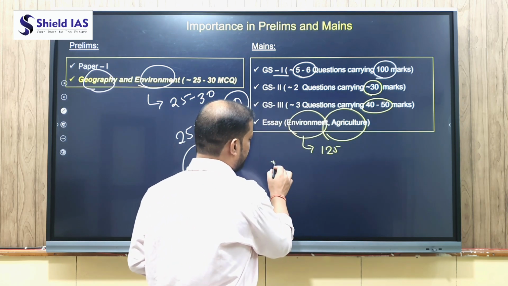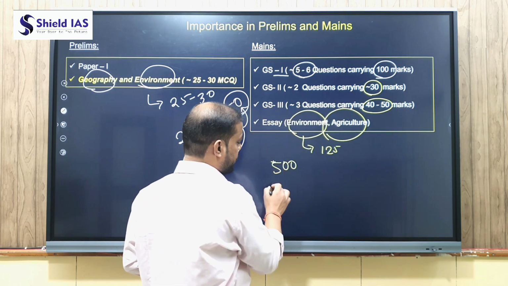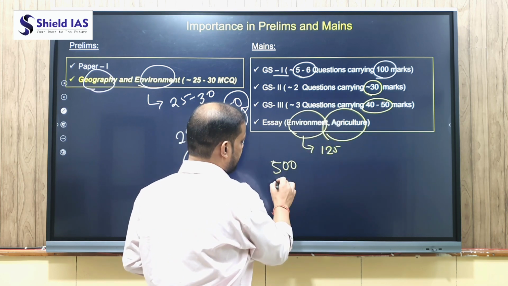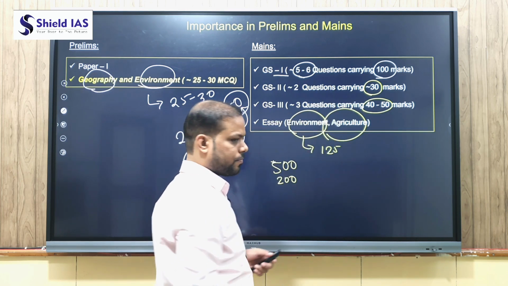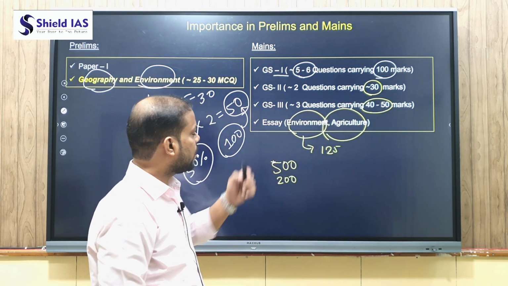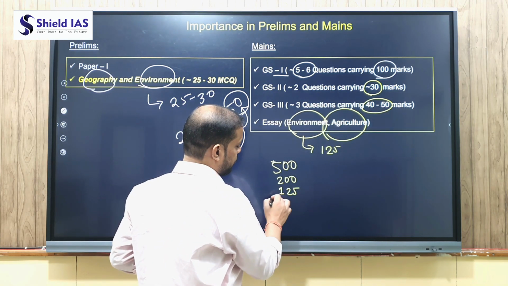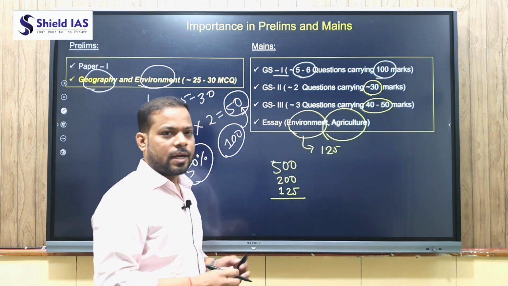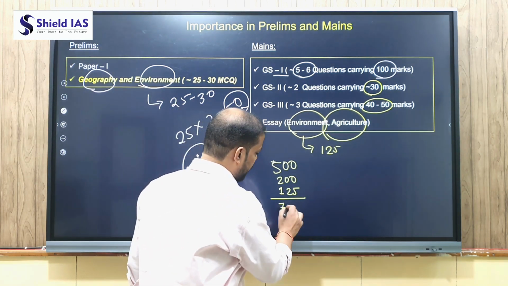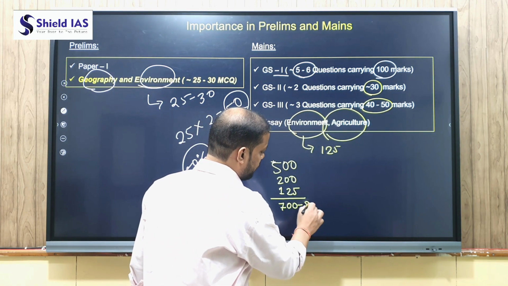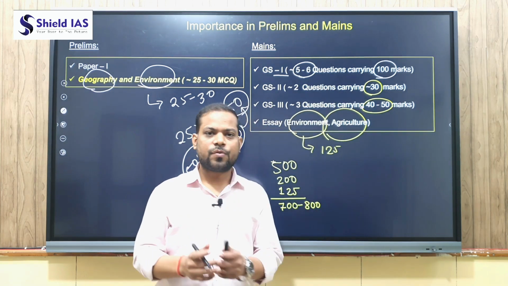So if you calculate 500 in optional, at least 200 from your GS papers 1, 2 and 3, and 125 from the optional, at least you can get 700 to 800 marks if you are having geography as an optional.